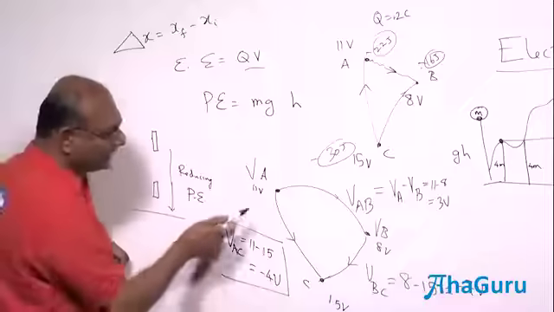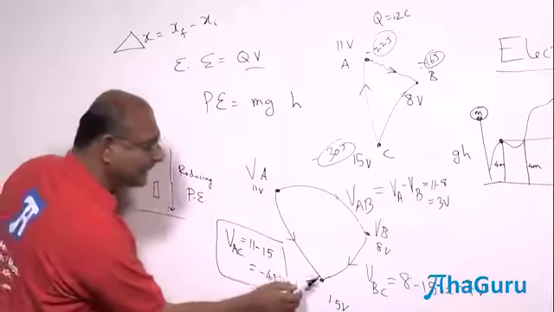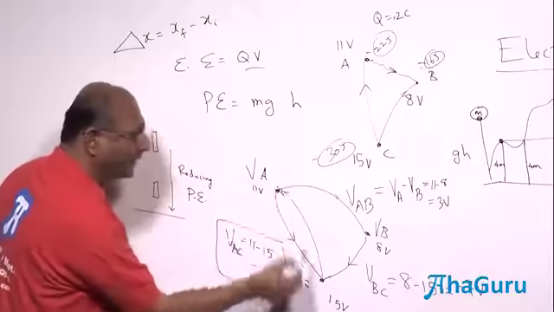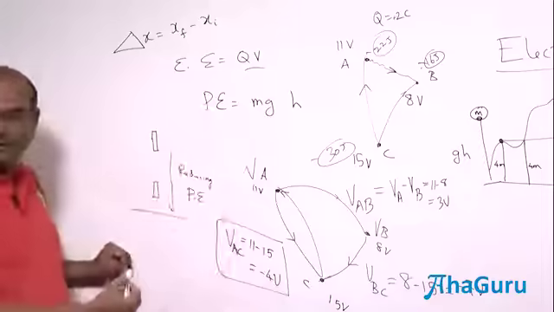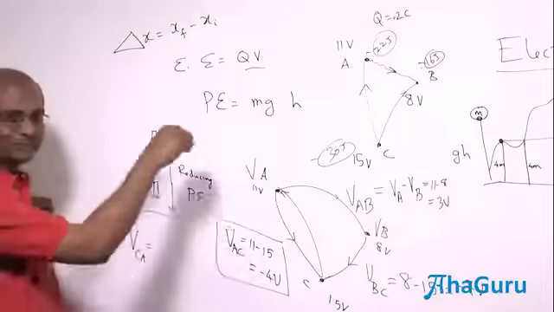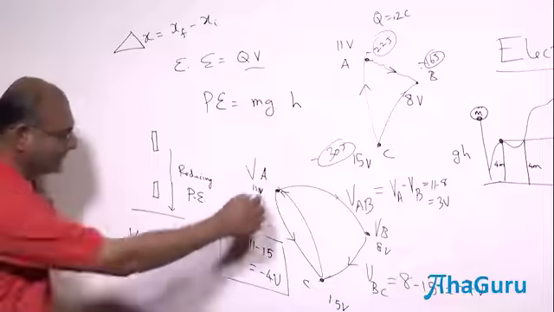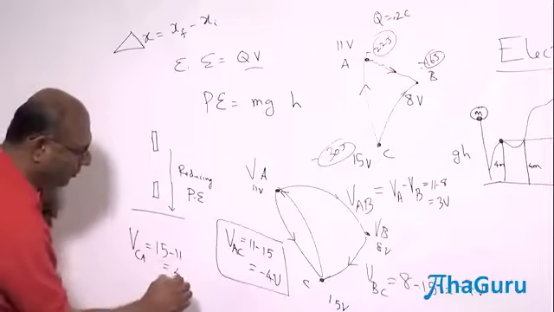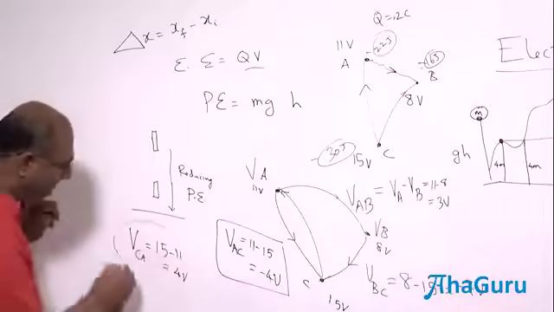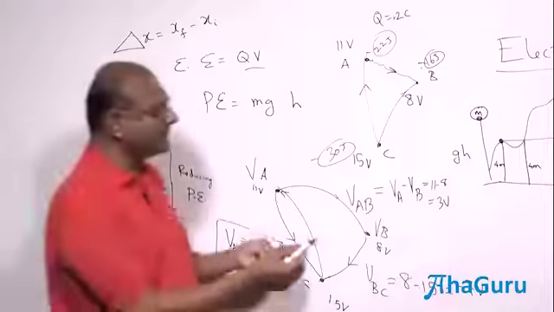But what I want you to understand is VAC versus VCA. What if I go from C to A? So if I do VCA, it is VC minus VA, which is how much? 15 minus 11, and that is 4 volts. So can you see that VCA and VAC are opposites? But that makes sense, no?